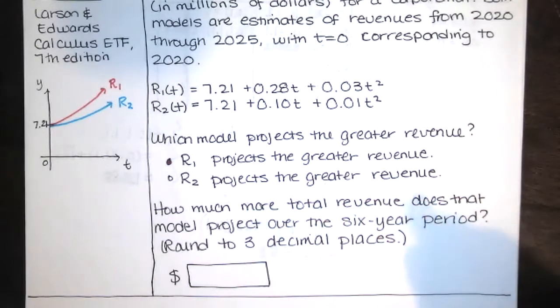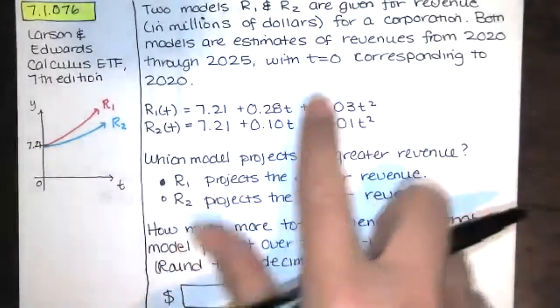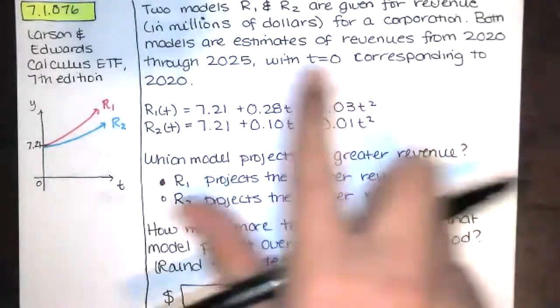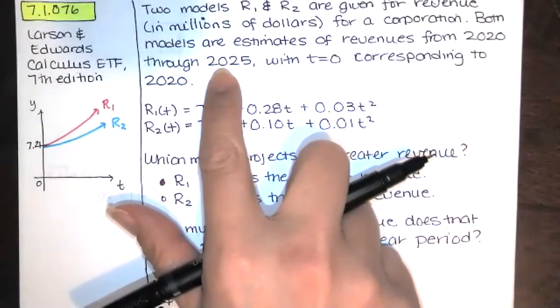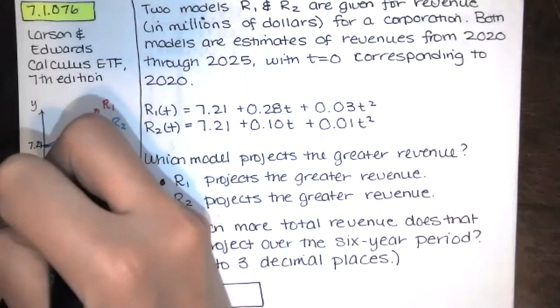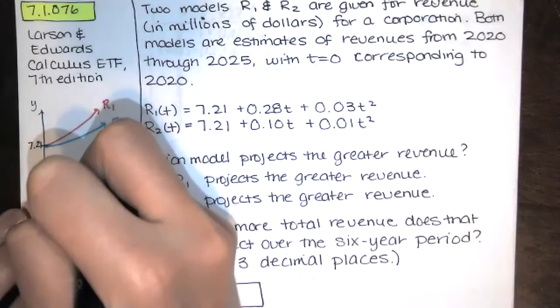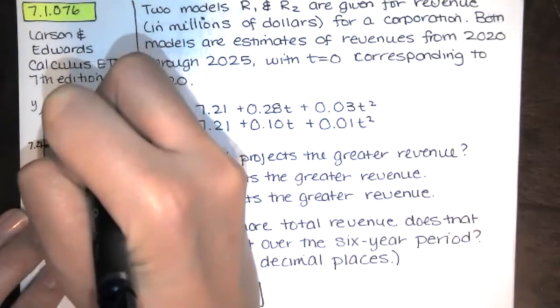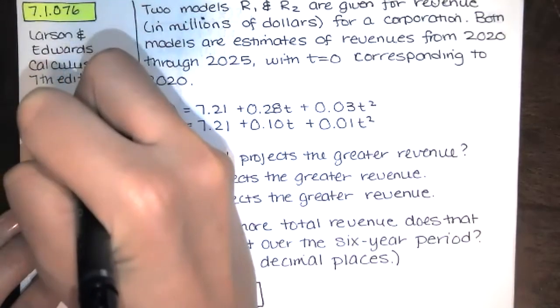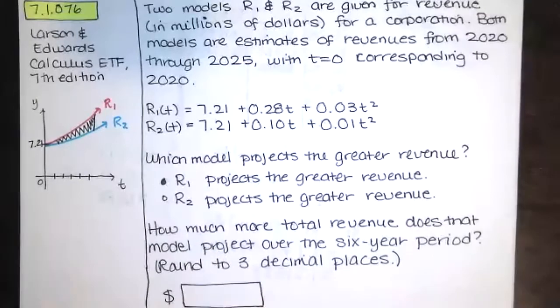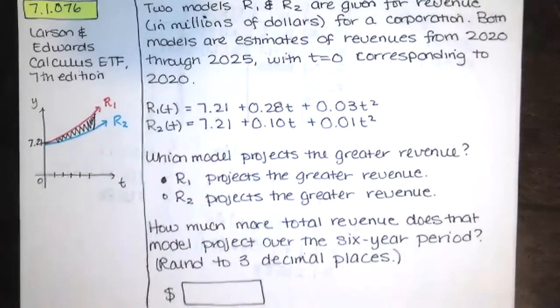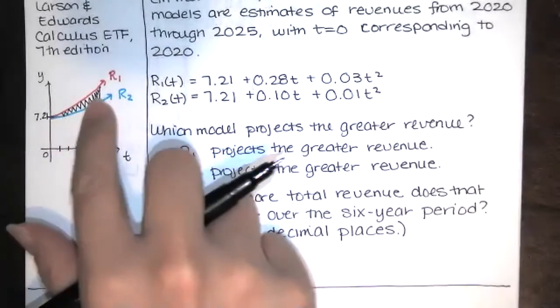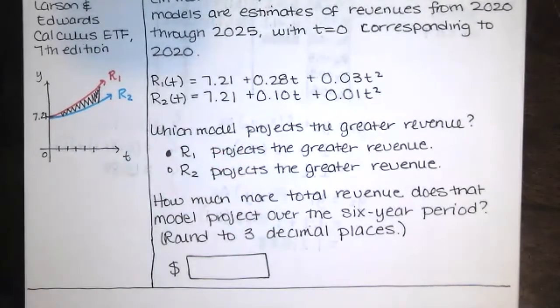Since we're in 7.1, which is about the area between two curves, and we're saying t equals 0 corresponds to 2020, and t equals 5 corresponds to 2025, to find the answer that WebAssign wants, I think we're just going to calculate that area right there.